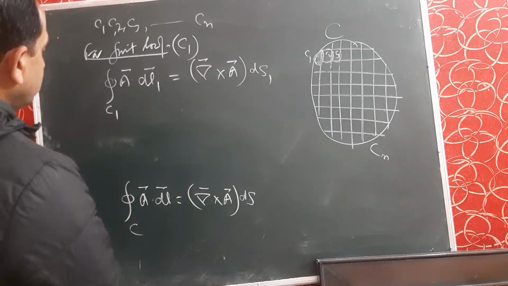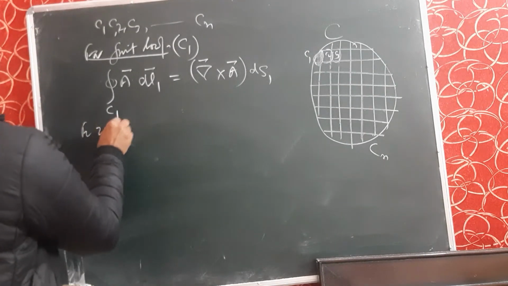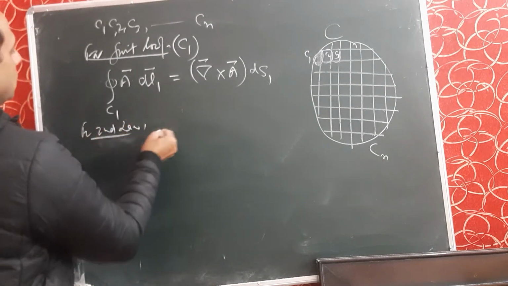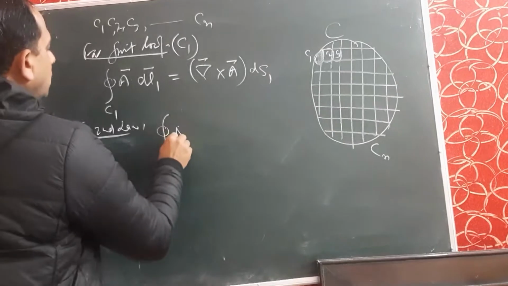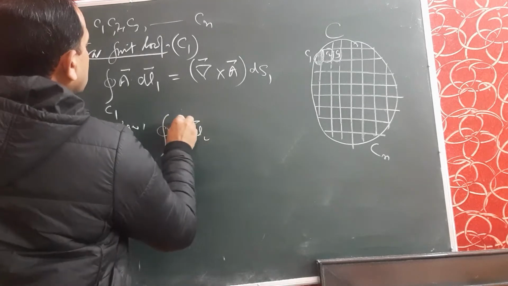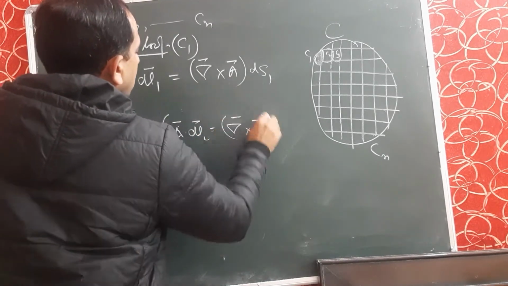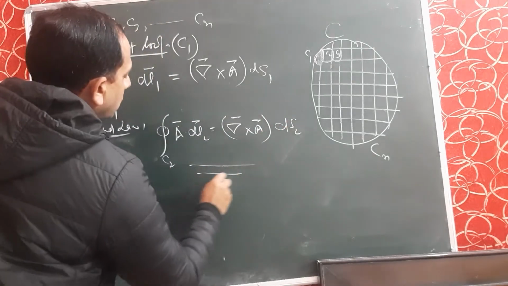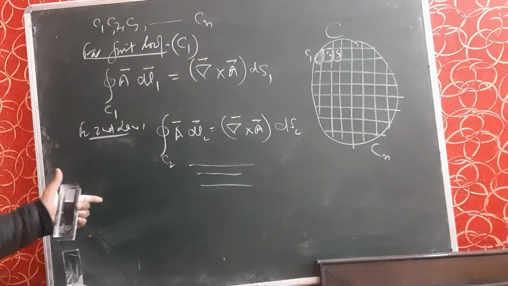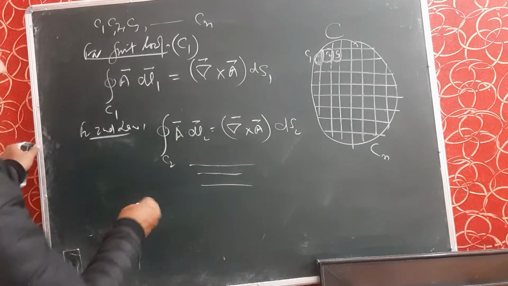So this is the equation for the first loop. Similarly, for the second loop, this will become contour C2, A dot dl2 is equal to del cross A, the curl of A, into ds2. So on. We may write for the third loop, fourth loop, fifth, sixth, and so on up to the nth loop.